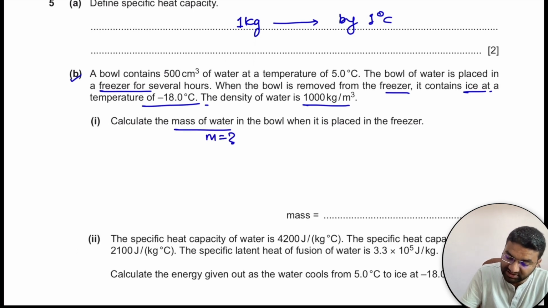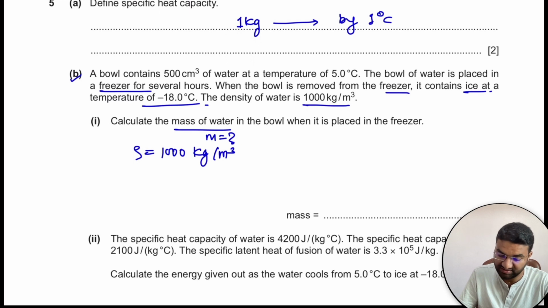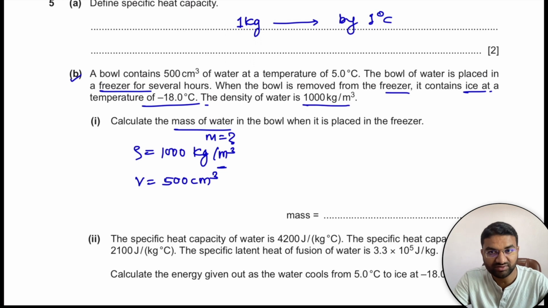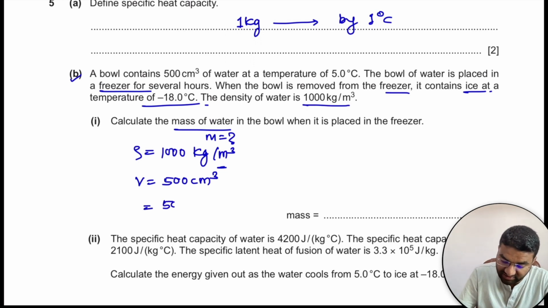So the given things are rho is equal to 1000 kg per meter cube, and the volume of water in the bowl is V equal to 500 centimeter cube. You have to convert 500 centimeter cube into meter cube. So it will be 500 times 10 to the power negative 6 meter cube, which is 5 times 10 to the power negative 4 meter cube.